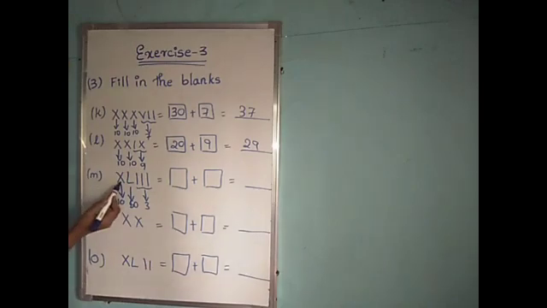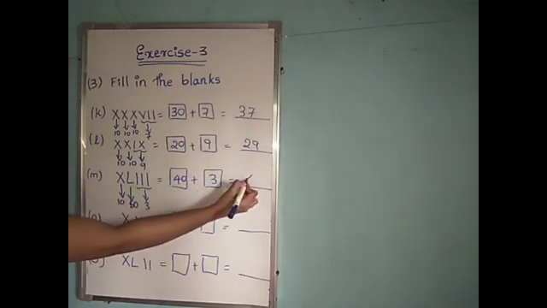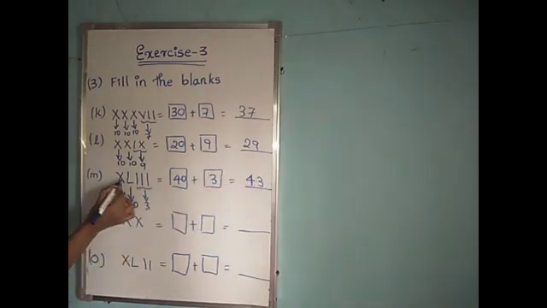Here letter of smaller value X is written to the left side of letter of greater value. So what we have to do? We have to subtract 10 from 50. So 50 minus 10 is 40 plus 3, 43. So XLIII is equal to 43.